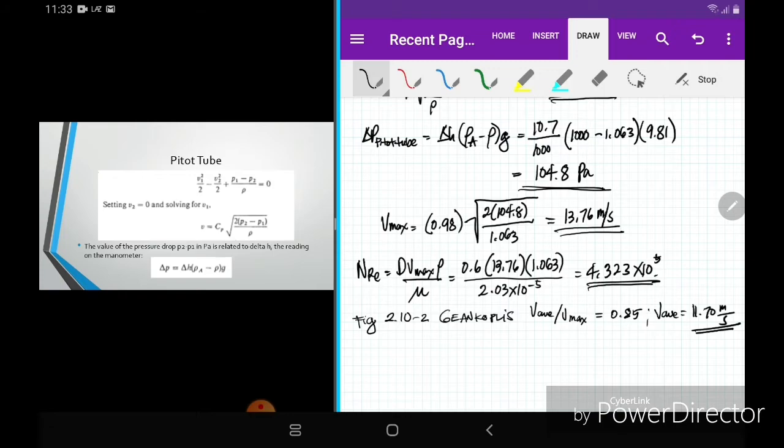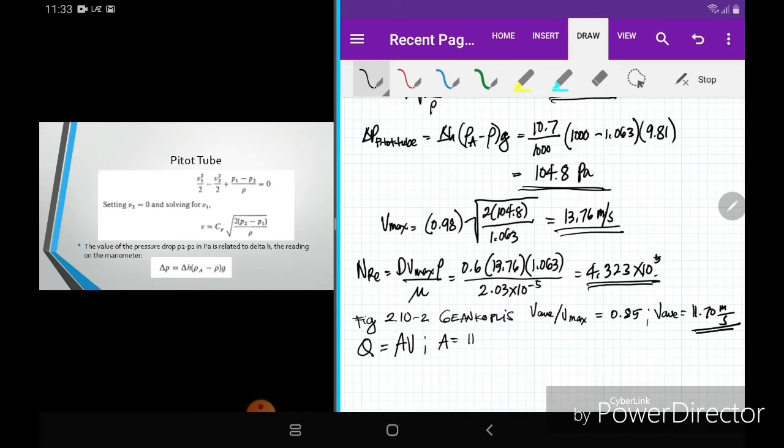Okay. The next requirement is, of course, the calculation of the flow rate. So, sa flow rate, first, kailangan natin ng area at saka ng velocity. We already have the average velocity. Kailangan na lang natin is yung area. Remember, area is equivalent to pi d squared all over 4.